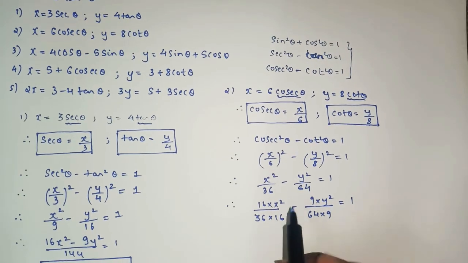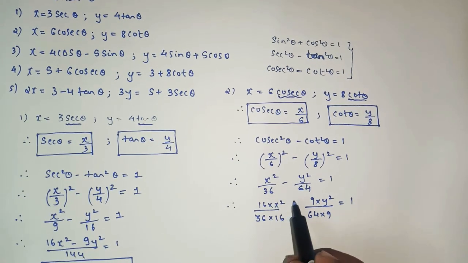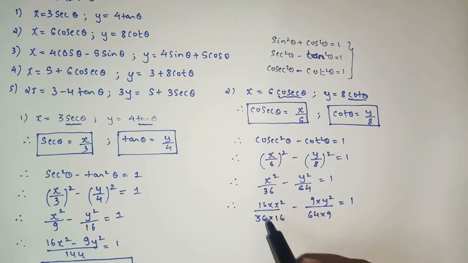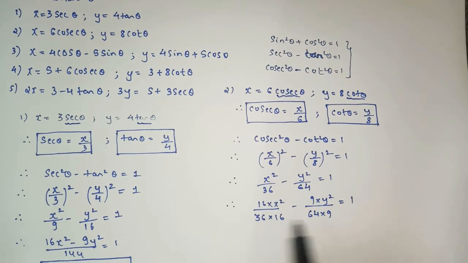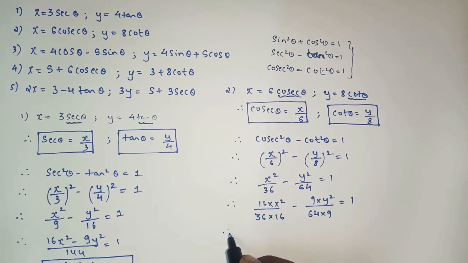So here there are two methods. One, cross multiply and then reduce the number, or else make the denominator the same by using the LCM factor. That is up to you.